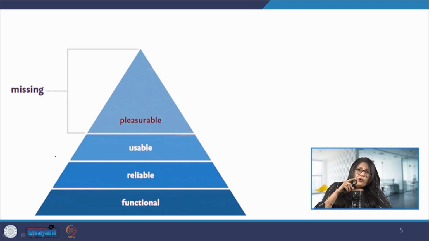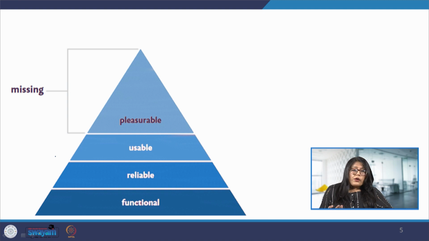Now, when we saw the approach by Maslow, we can take a look at it and understand it from the perspective of designing interfaces. The bottom three needs here are functional, reliable, and usable.